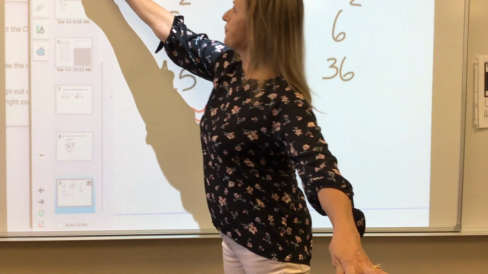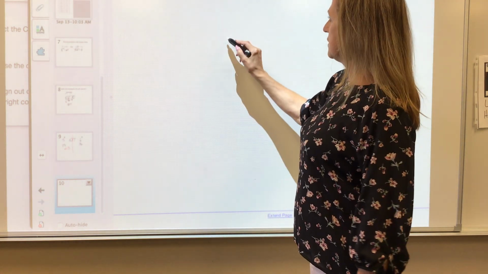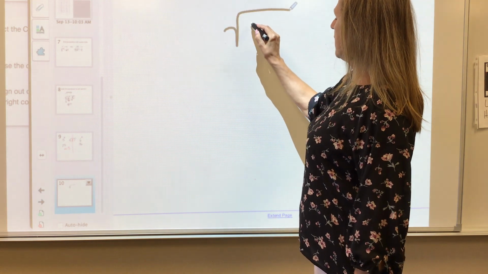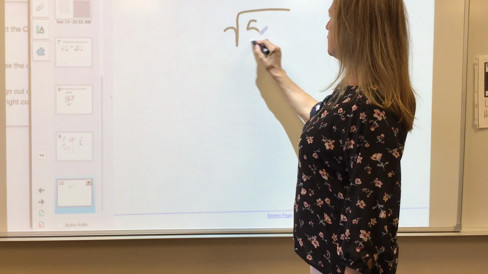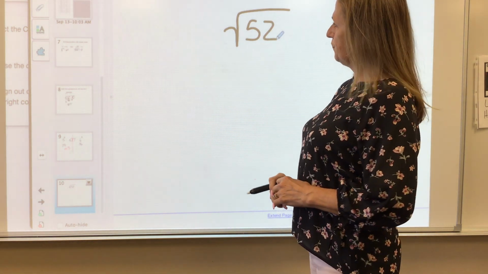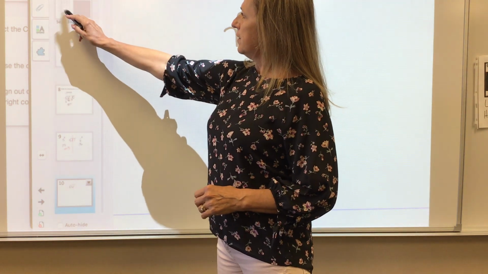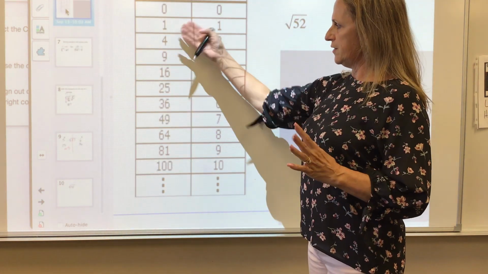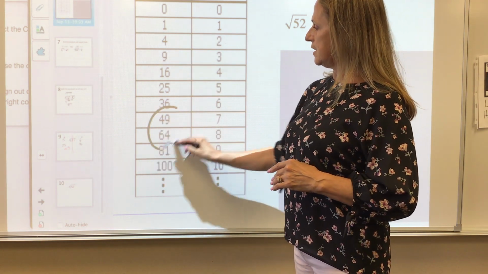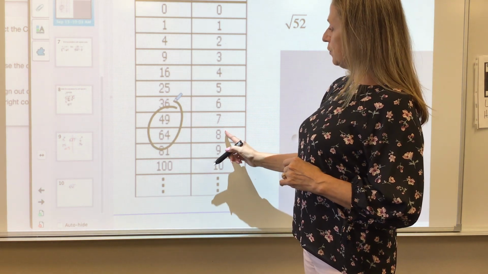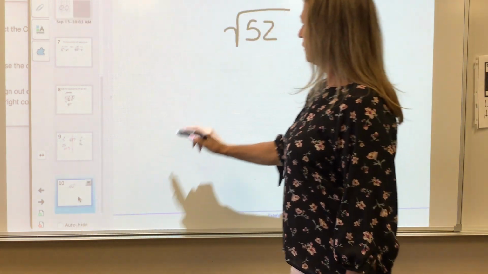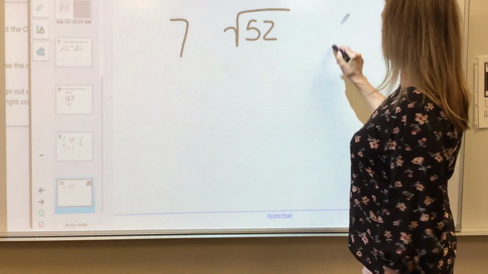So we'll do another one. You can use these charts, so I'll flip back and forth with the charts. So let's do the square root of 52. I can't think of any number that when I multiply it by itself gives me 52. So I'm going to come back to this and look for where 52 is between. 52 is between 49 and 64, which means its square root is going to be somewhere between 7 and 8.